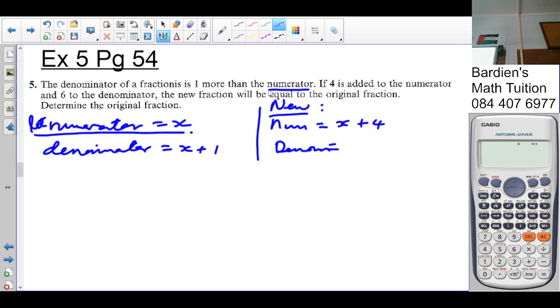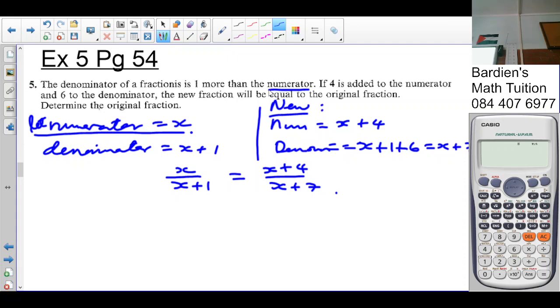And 6 is added to the denominator, so that's x plus 1 plus 6, which is x plus 7. The two fractions will be equal, the new fraction will be equal to the original fraction. Not so? So the first fraction is x over x plus 1, equal to the second one, x plus 4 over x plus 7.